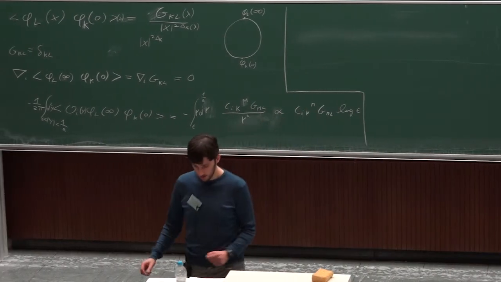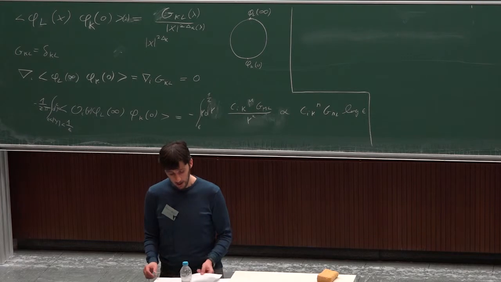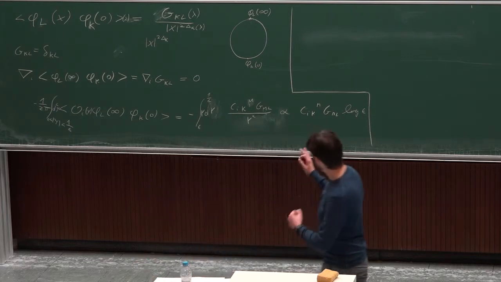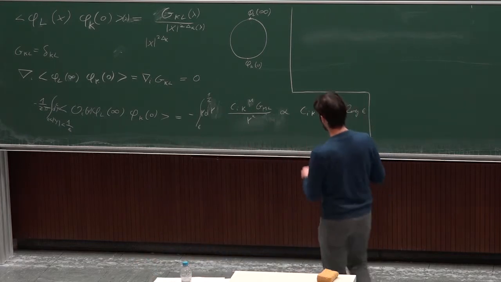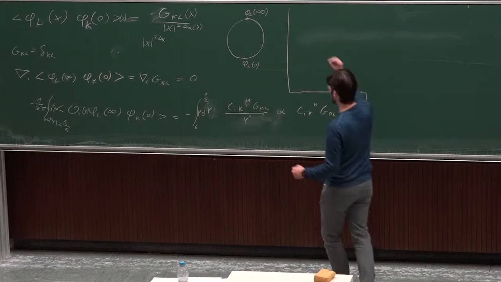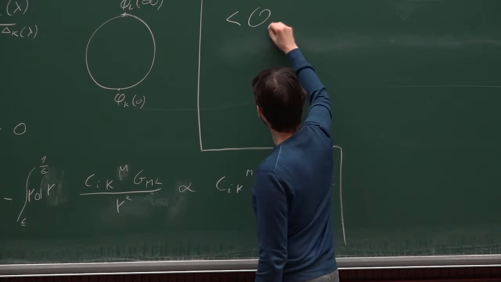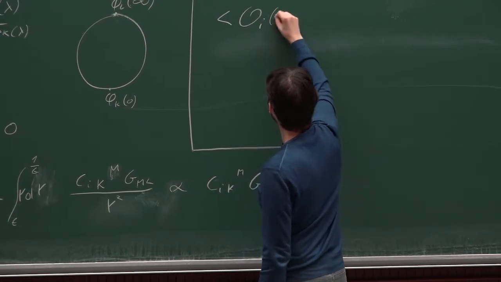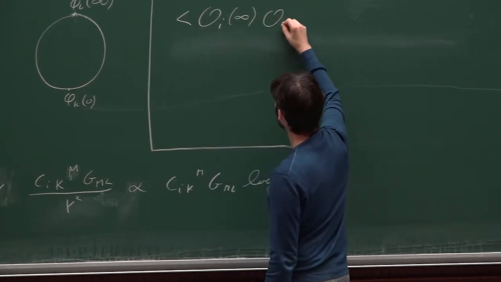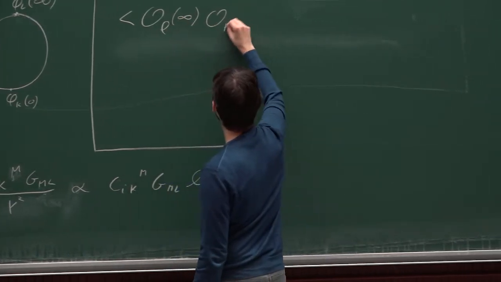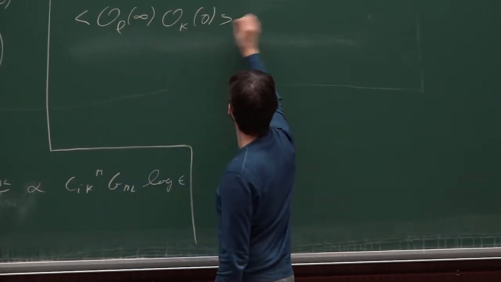Okay, so let's continue. This is a bit of a weird thing, this two-point function coefficient. But let me show you something very nice that comes out from this. Imagine that we consider the two-point function of the marginal operators themselves. So let me put L and K just to be consistent with my notes.